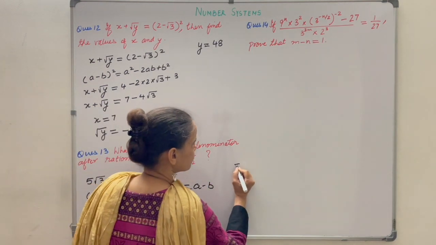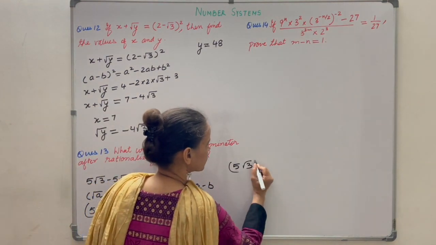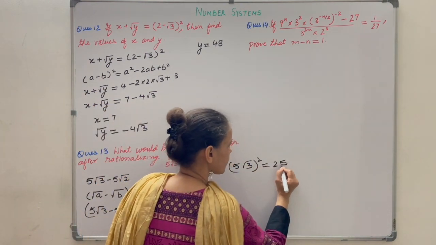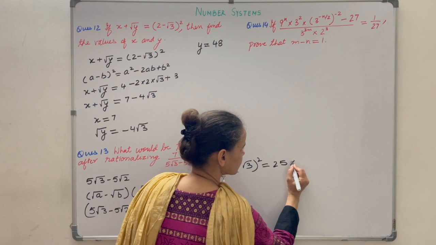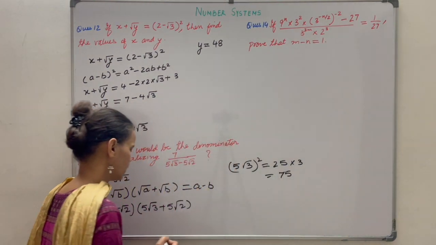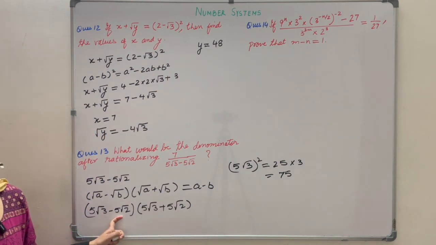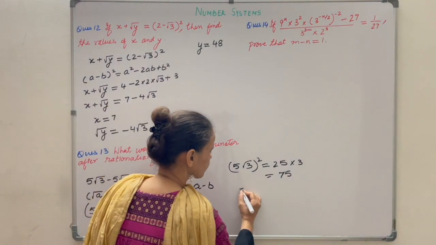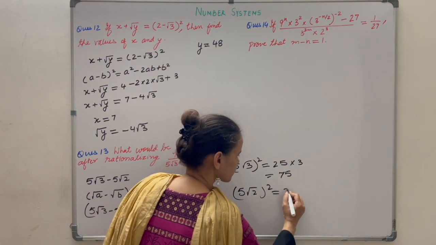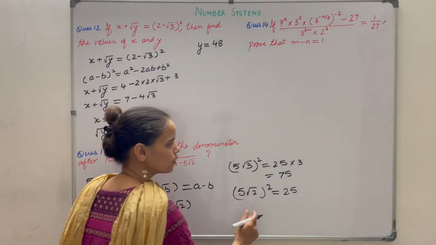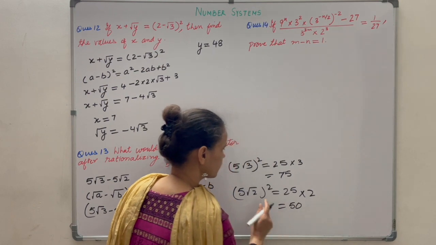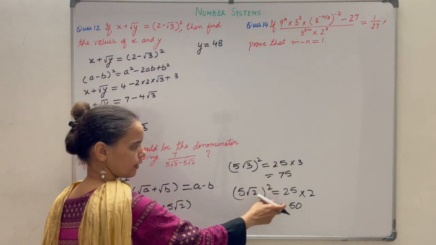So 5 root 3 you need to take the square. 5 square is what? 25 and root 3 square is 3. So 25 into 3 you will get 75. Similarly, you have to take the square of this number as well. 5 root 2. When you take the square here, 5 square is 25 and root 2 whole square is 2. So 25 into 2 is 50. So when you square them, you get 75 and 50.